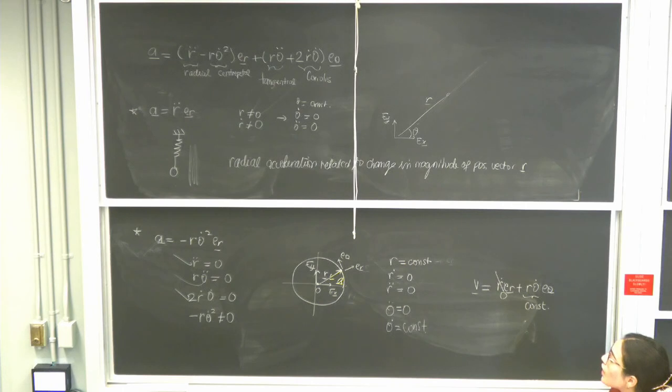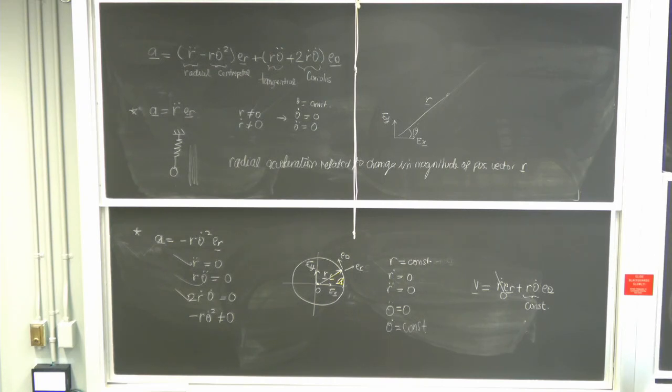Okay? Let's take the other case where we have tangential acceleration. So the acceleration is tangential. A is equal to r theta double dot e theta. Is that motion possible where the acceleration is purely tangential?